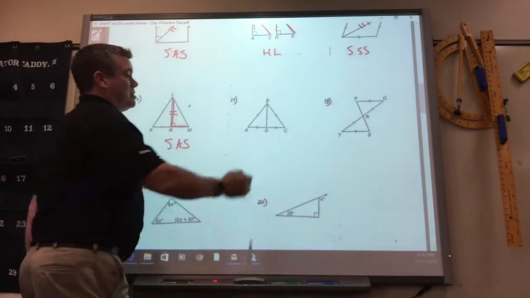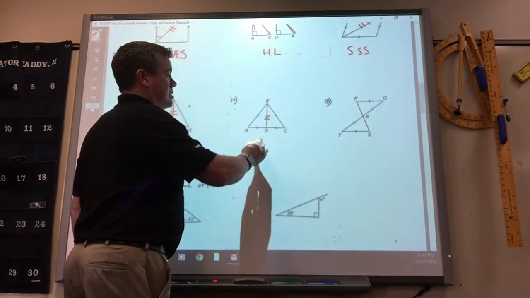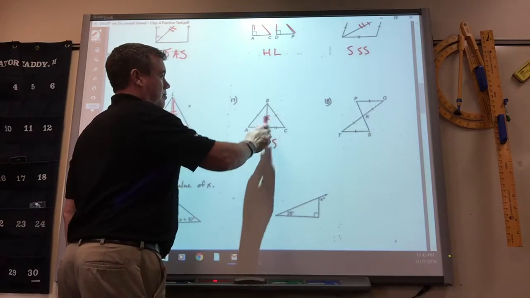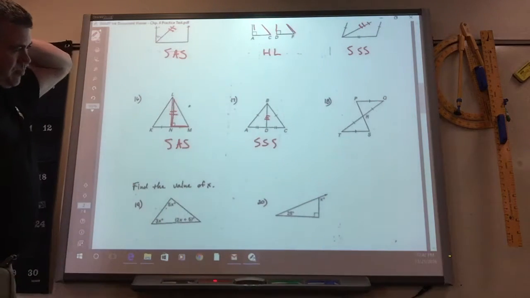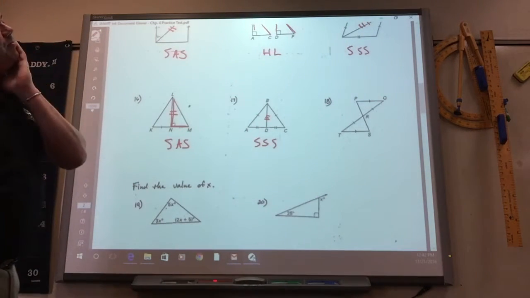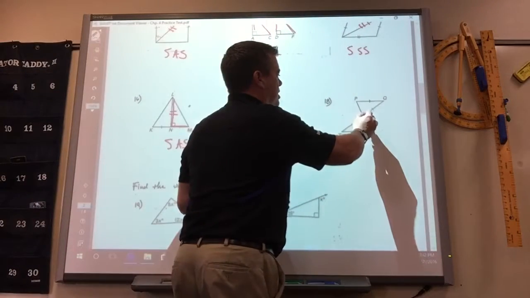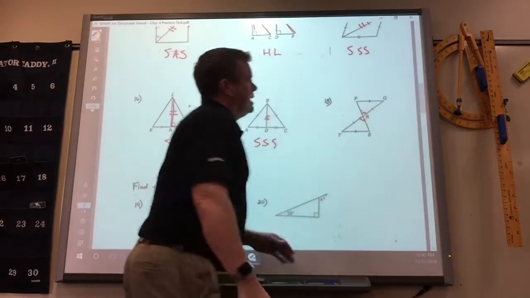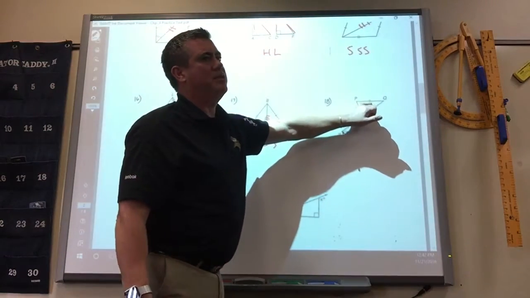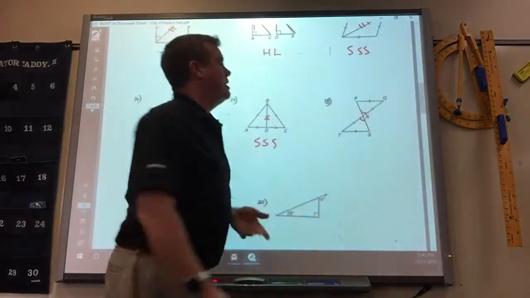17 has a shared side, so that's SSS. 18 has more than one reason. First of all, vertical angles are congruent. That's a parallel sign there, it's not a congruent. So alternate interior are the same.